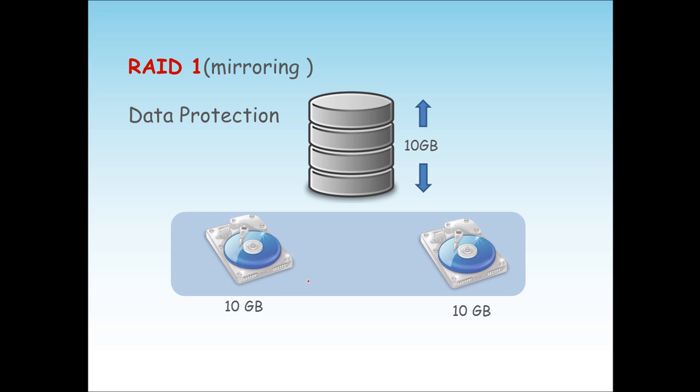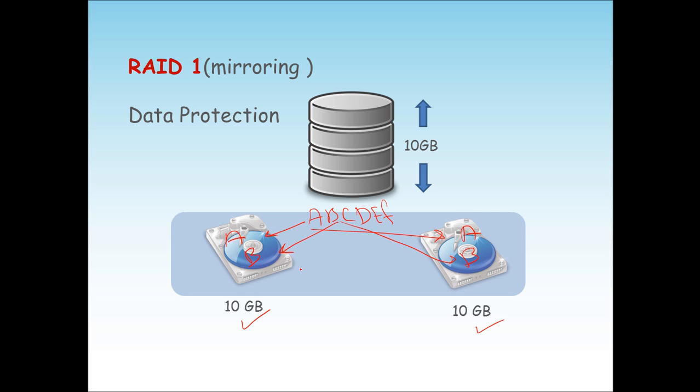The way RAID 1 works is you take two drives, for example each one 10 GB, and if your data is A, B, C, D, E, F, and you want to write this data in RAID 1 drives, so A will go to this drive and this drive, B will go to this drive and this drive.